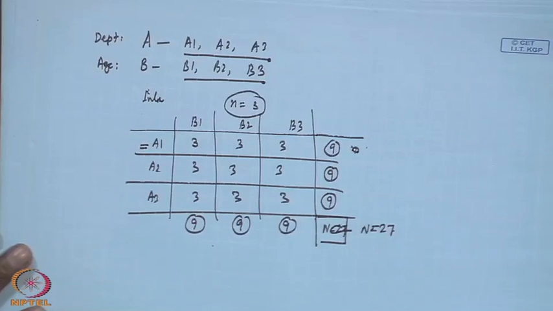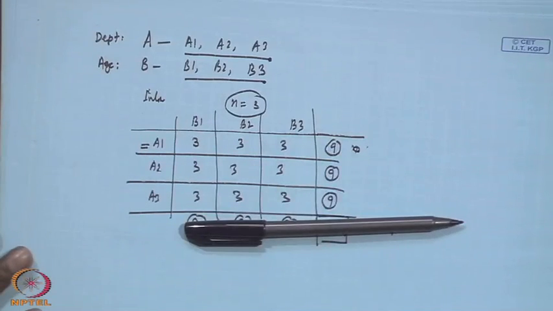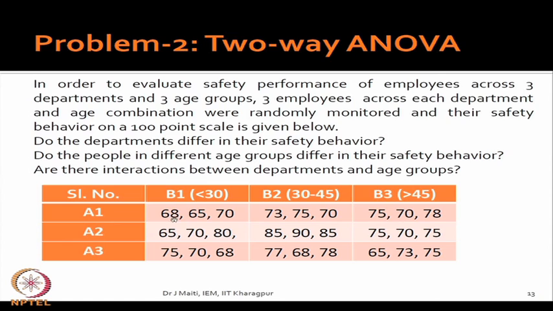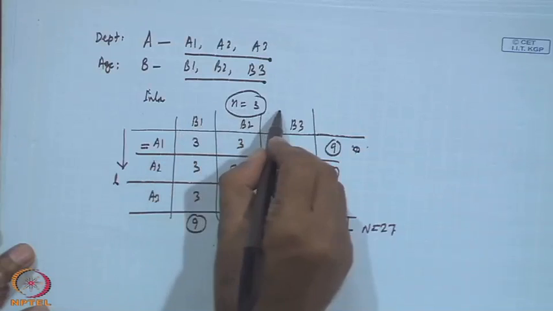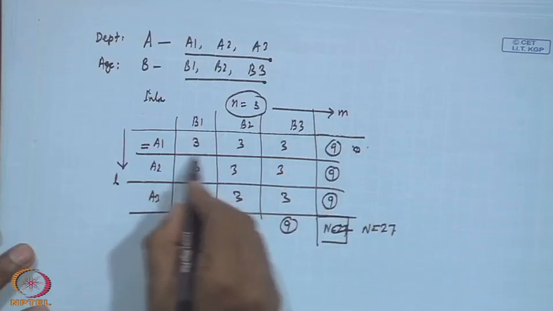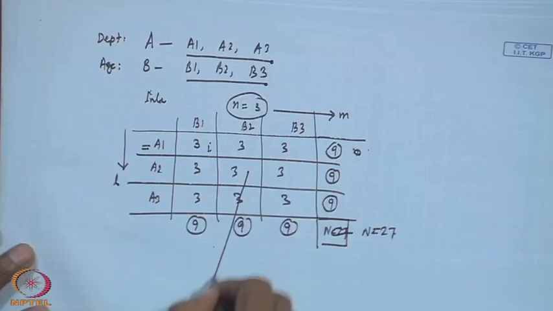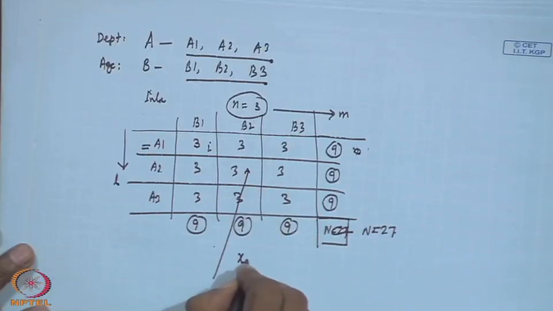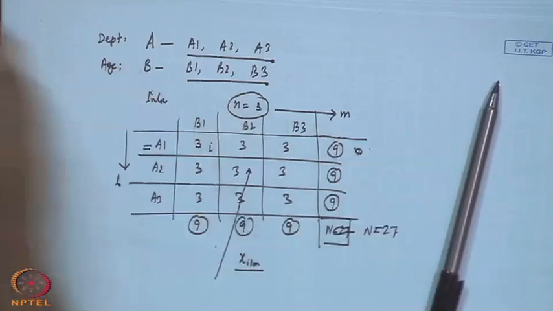This is the data as far as the number of observations is concerned, and you see the different values. If you want to use a notation, for departments we will be using L, for age groups we will be using M, and for observations we will be using I. So, any observation can be denoted by X_ILM.